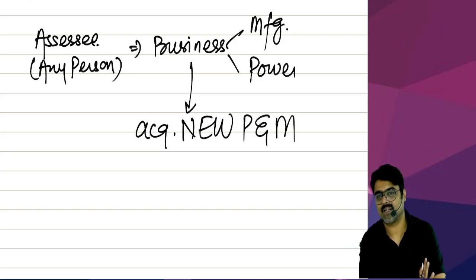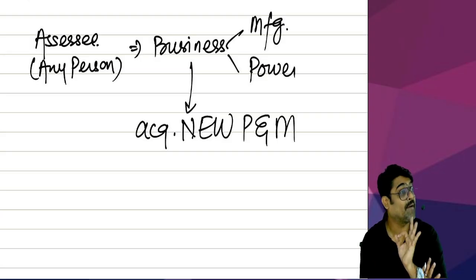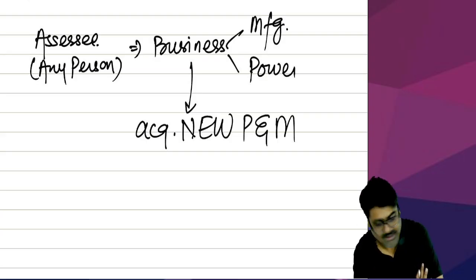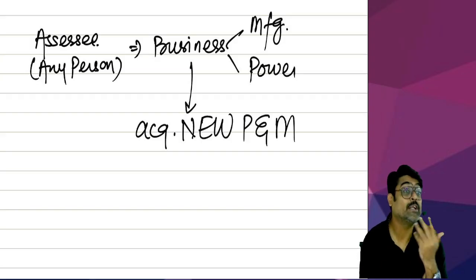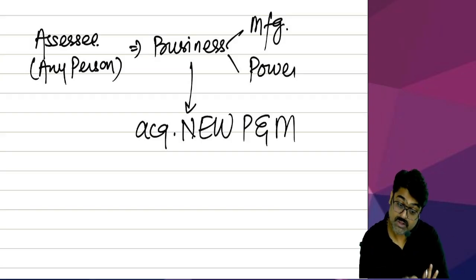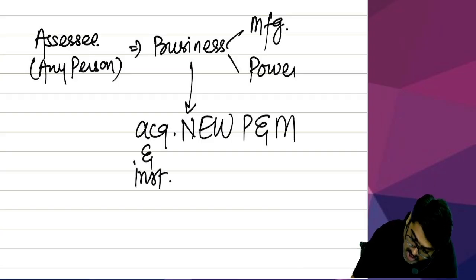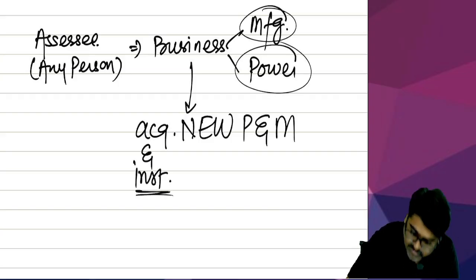Additional depreciation will not be available on all assets. It will be available only on plant and machinery. Any plant and machinery? No. Only new plant and machinery which you have acquired and installed in this business.